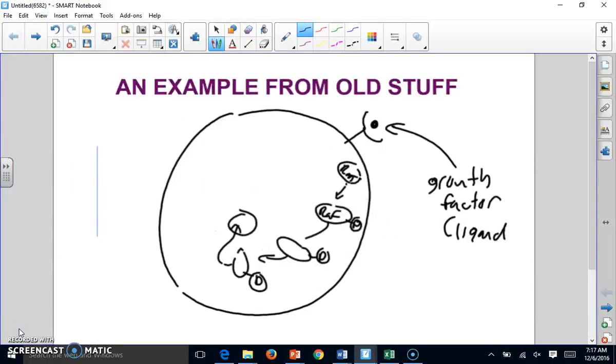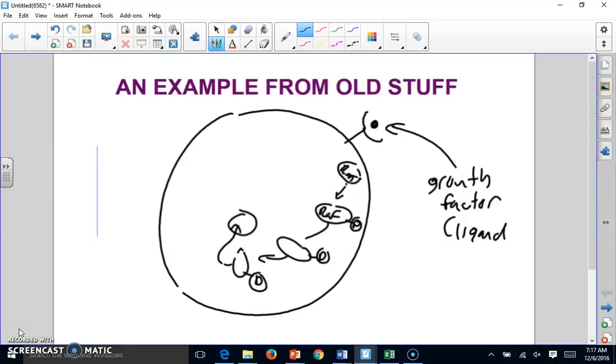Just to bring back an example to relate this to old stuff. If you remember when we talked about cell cycle control, we wanted to give the cell a signal to divide because of some changing factor in the cell or damage to skin cells or whatever. A growth factor, a ligand, bound to a receptor, causing a conformational change.